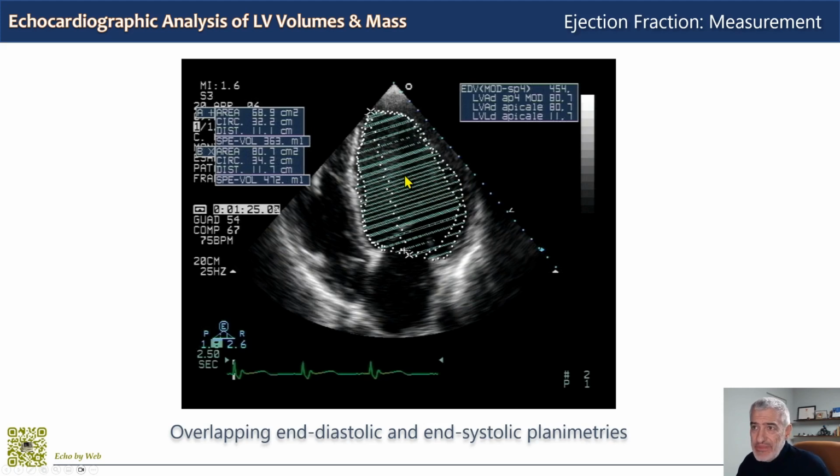If you have the end diastolic and end systolic long axis with the apex points superimposed, you can have a little bit more information, because you can see, for example, the extent to which the base of the heart, the mitral annulus, moves towards the apex in systole. This is known as the systolic descent of the cardiac base, which is a measure of the longitudinal function of the ventricle. We will talk about this later.